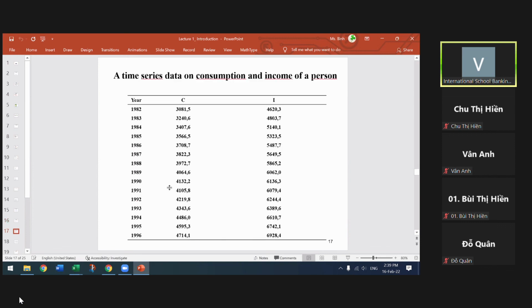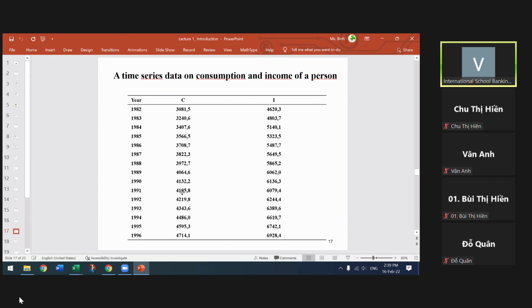So here, this is a time series data set on consumption and income of a person over years. Here we get information from the year 1982 to 1996. Many years ago, right? Very old information, but it doesn't matter, because now we just explain the definition of time series data.